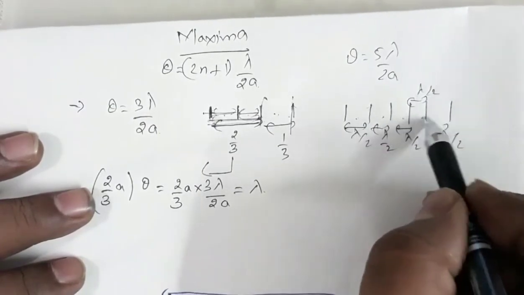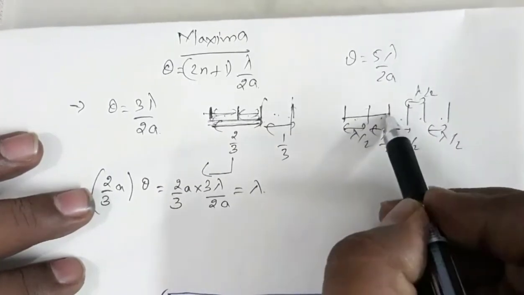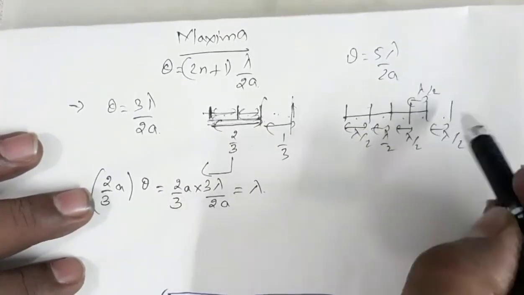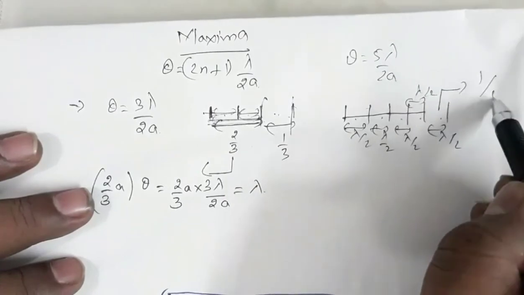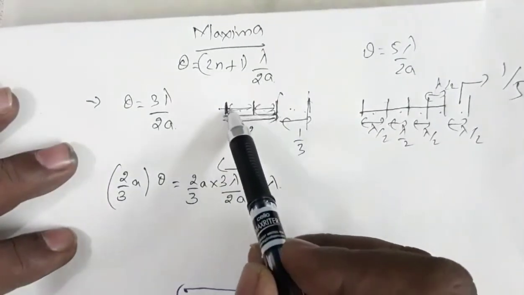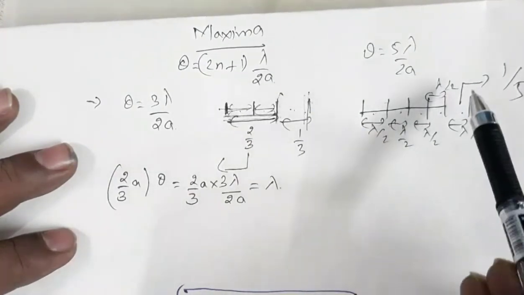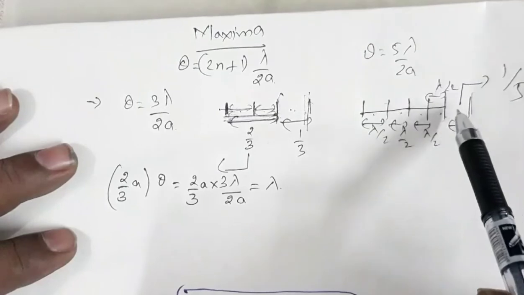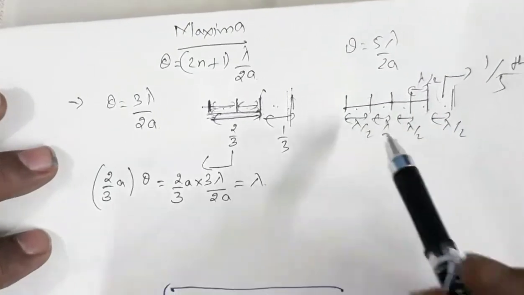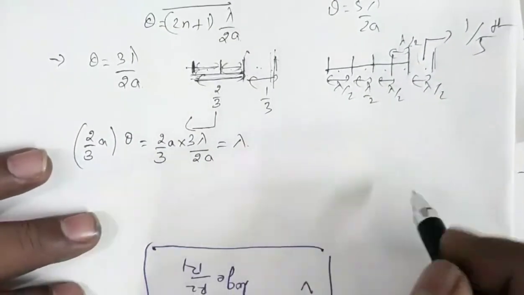So 1, 2, 3, 4, 5 parts. These 2 parts cancel out, these 2 parts cancel out, and we are left with the 1/5 part. Obviously the intensity when light comes from the 1/3 part will be greater than the intensity for light coming from the 1/5 part.